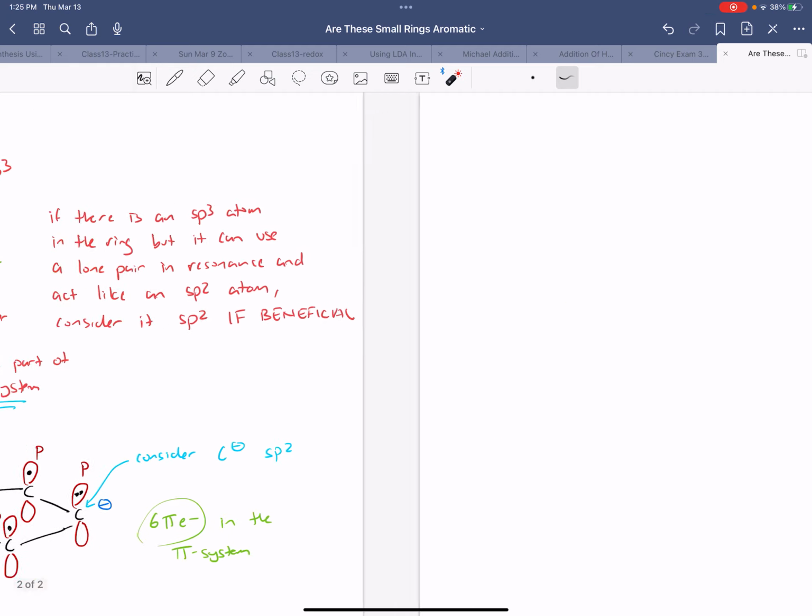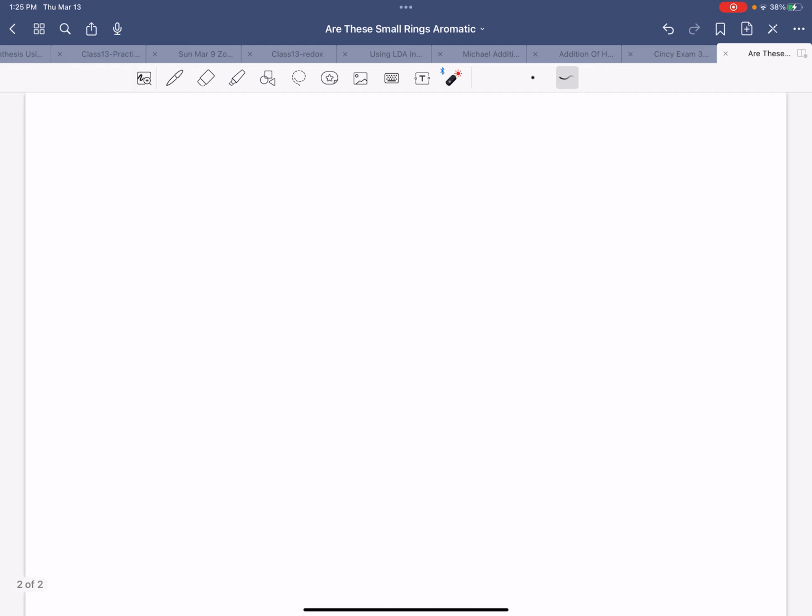Okay, let's take a look at the last two. Which one's the easier one? The easier one is definitely this one. You know why I say that's easy? Because again, the carbocation carbon is always sp2. So all atoms in that ring are sp2.